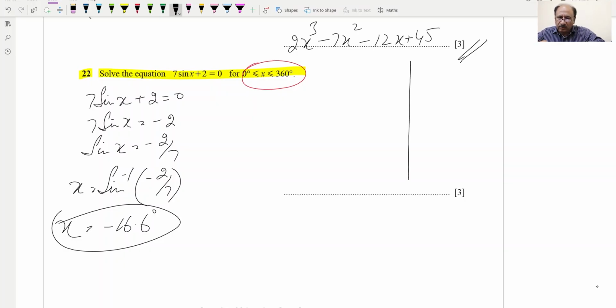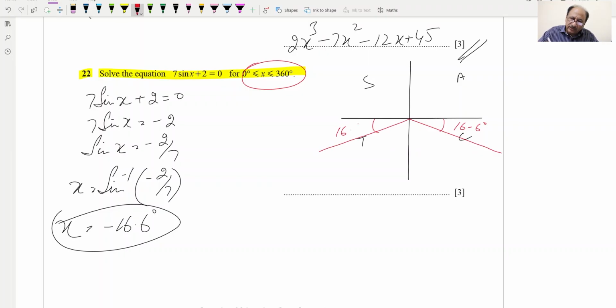So if we roughly sketch the angle, we know sine is negative, and the reference angle is 16.6 degrees, and the other angle will be over here, also 16.6 degrees.